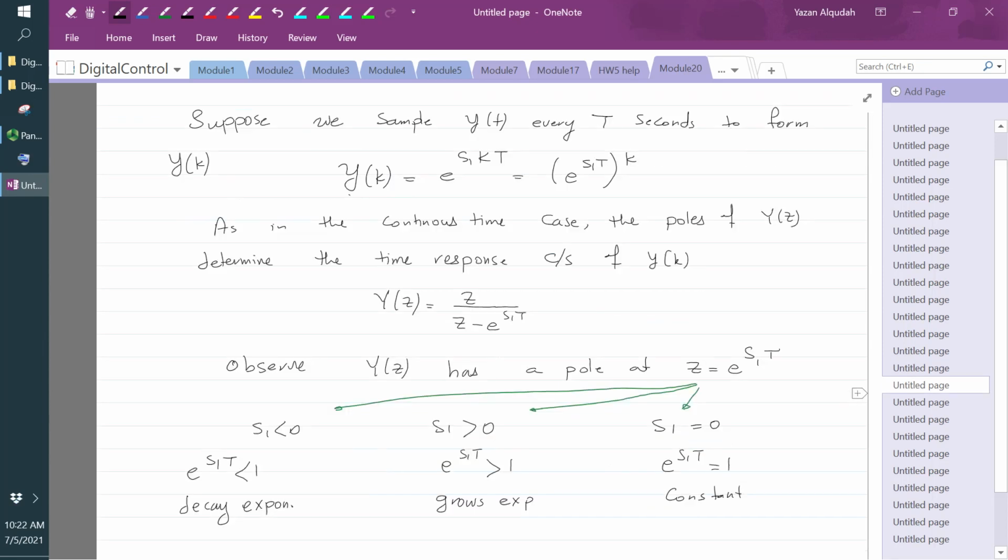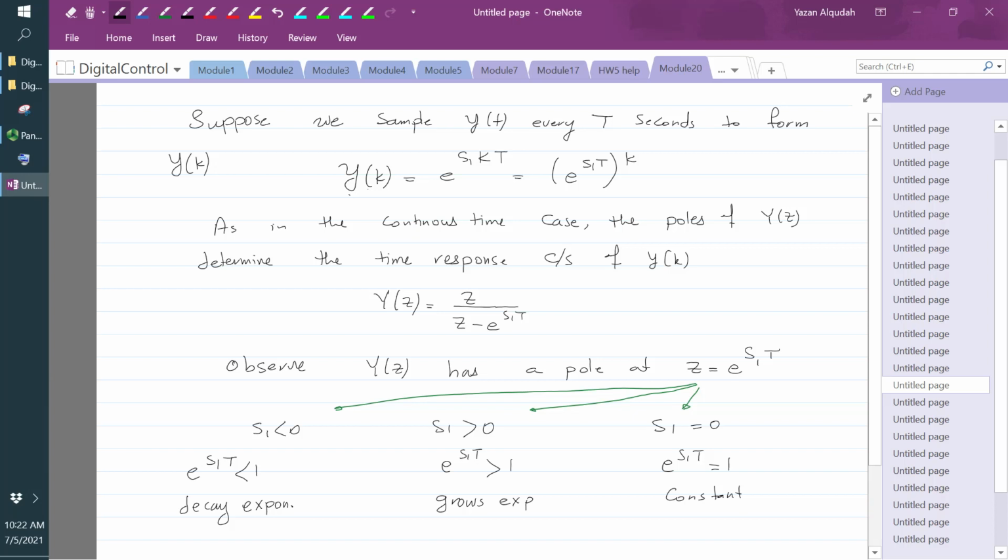I sampled every capital T seconds to get these samples y(k). y(k) is going to equal e to the s1 multiplied by k multiplied by T, which I can write as e to the s1 T, to the power of k.